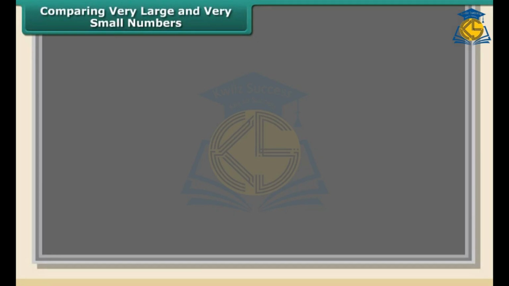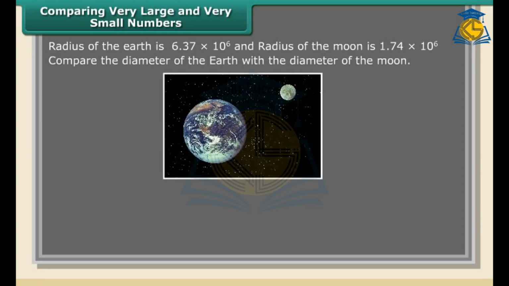Comparing very large and very small numbers. Radius of the earth is 6.37 into 10 raised to the power 6 and radius of the moon is 1.74 into 10 raised to the power 6. Compare the diameter of the earth with the diameter of the moon. Diameter of the earth is equal to 12.74 into 10 raised to the power 6 meters.